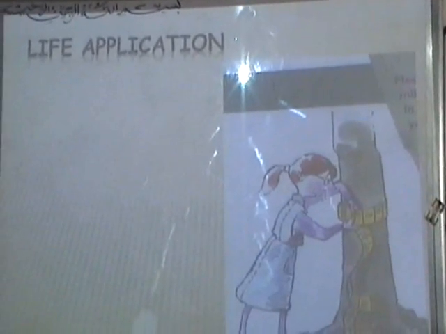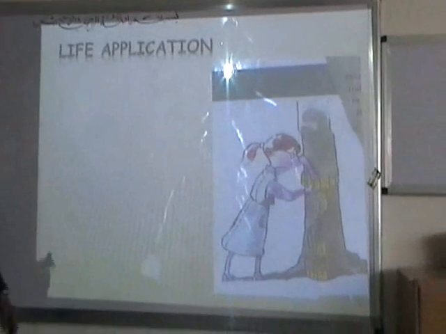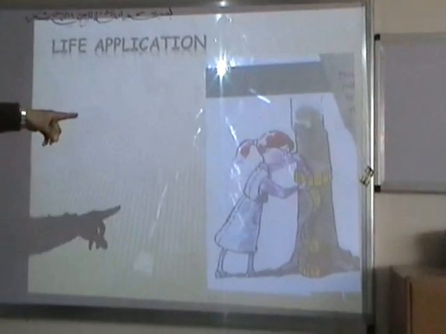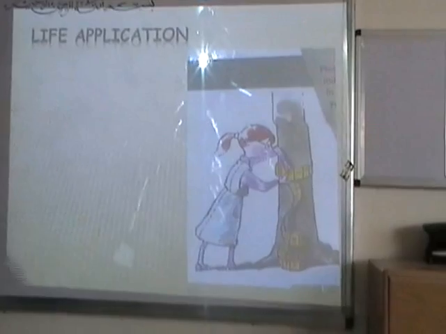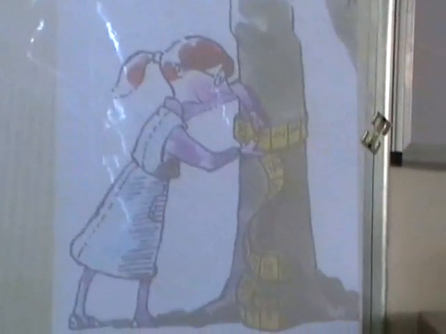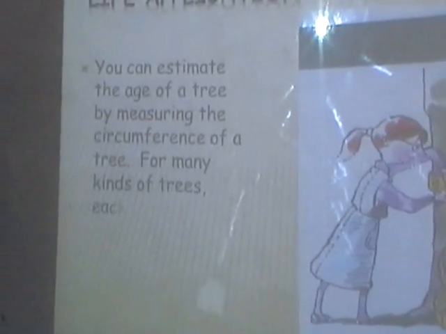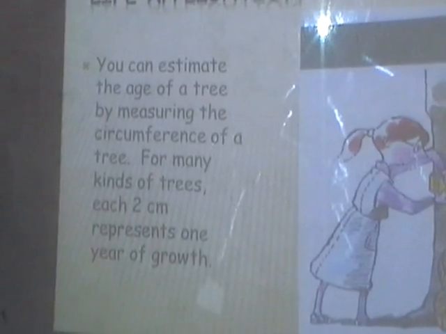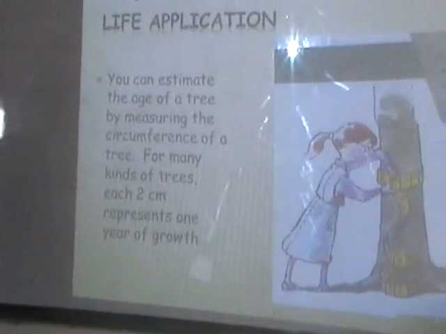Let's see, it's a girl measuring the thickness, or the width, of the tree. You can estimate the age of a tree by measuring the circumference of the tree. For many kinds of trees, each 2 centimeters represents 1 year of growth.